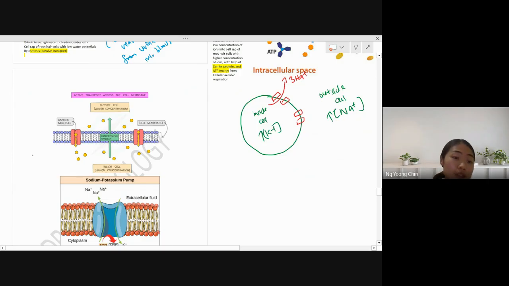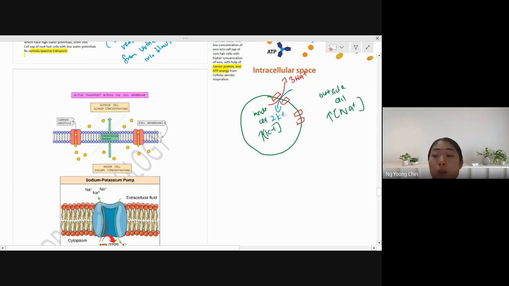Then how about the potassium? Potassium will be transported into the cell from the outside, from outside into inside, with 2 potassium being pumped inside.